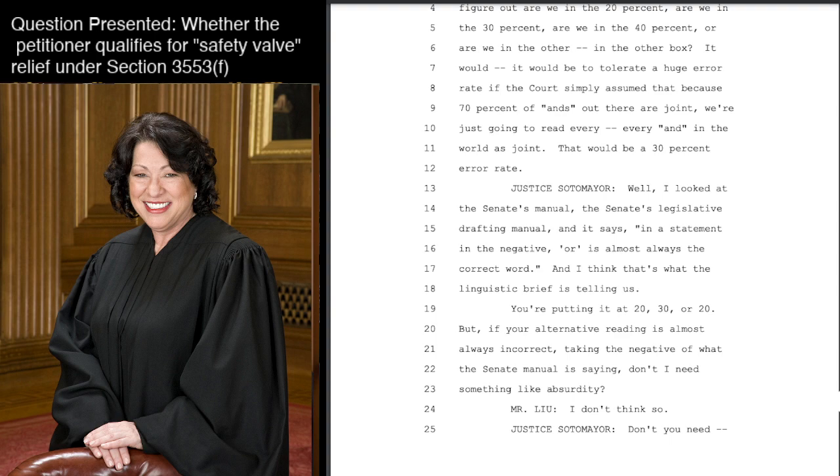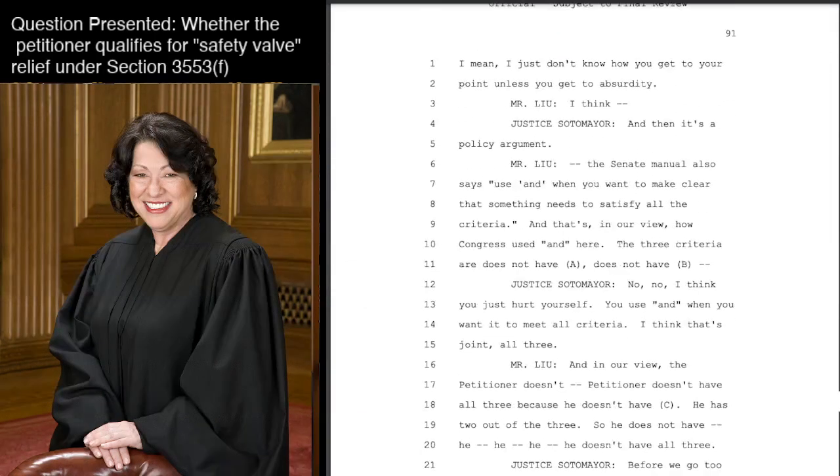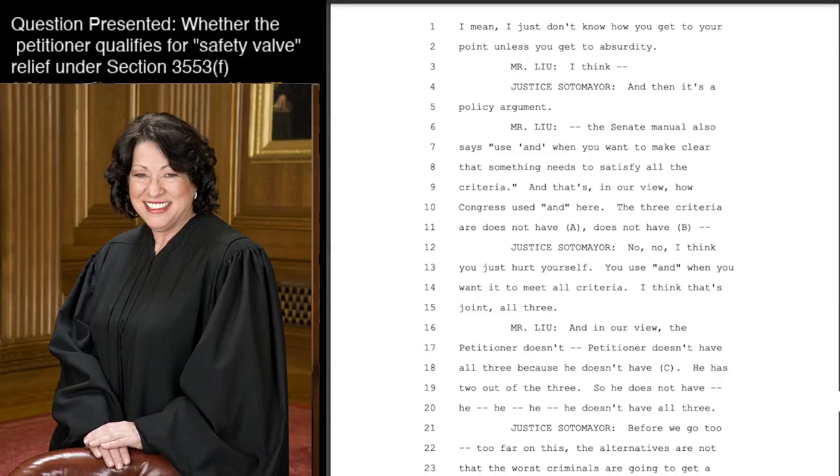I don't think so. I just don't know how you get to your point unless you get to absurdity. Well, and then it's a policy argument. The Senate manual also says use "and" when you want to make clear that something needs to satisfy all the criteria. And that's, in our view, how Congress used "and" here.